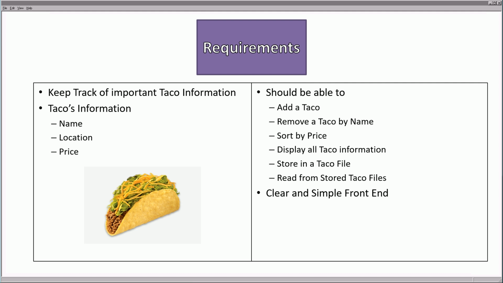We should also be able to store this information in a taco file that can be read whenever we run this software. Now finally, we need a clear and simple front end to use this software. So this is what we require: collecting taco information, being able to add, remove, sort, display, store, and read from taco files, and a clear and simple front end.